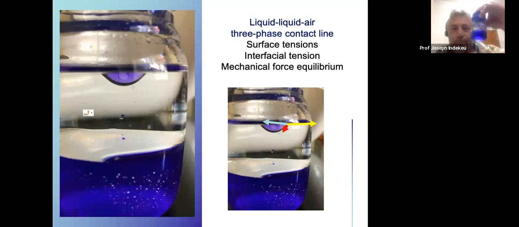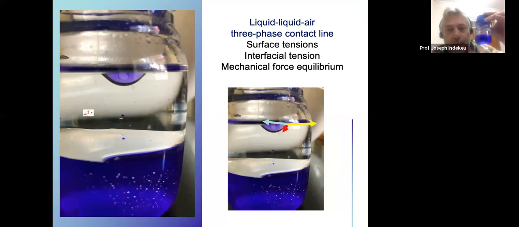It's a liquid mixture of methanol, cyclohexane, a little bit of water, and a little bit of blue dye. The methanol-rich phase is the heavier one, and it sits at the bottom of the vessel, of course. The lighter liquid phase is cyclohexane-rich, and the upper phase is basically air with some vapor of these liquids.